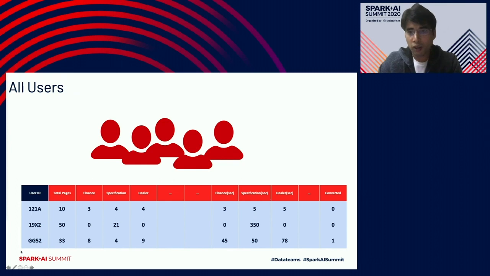Moving on, it's not just a single customer who's visiting a website, right? At the end of the day, you have millions of customers visiting a particular website. In this example, let's take cars only. So you have a lot of people visiting different sections of the car website, and each of these users then ends up with their own history, right? They have their own user journey, which can be represented in a similar manner to what we tried with only a single user.